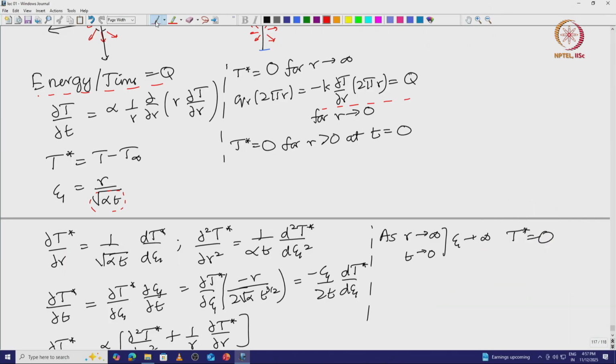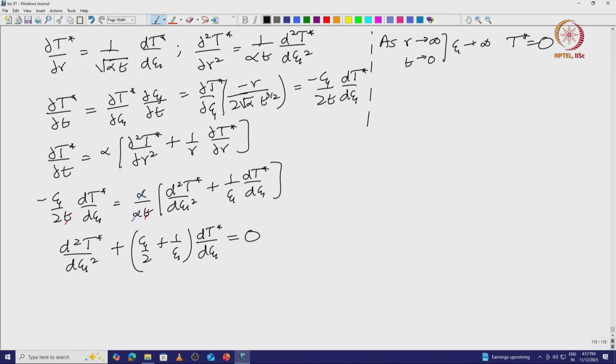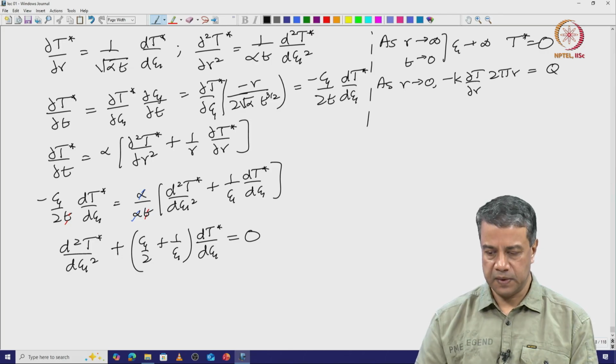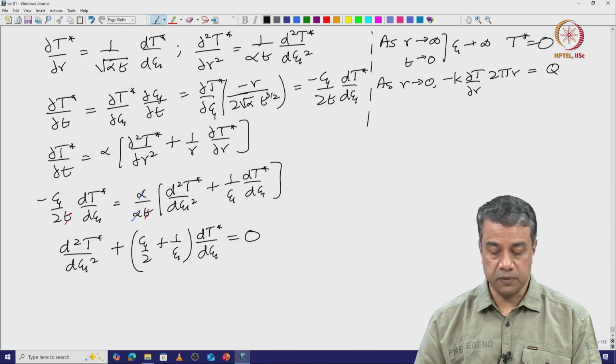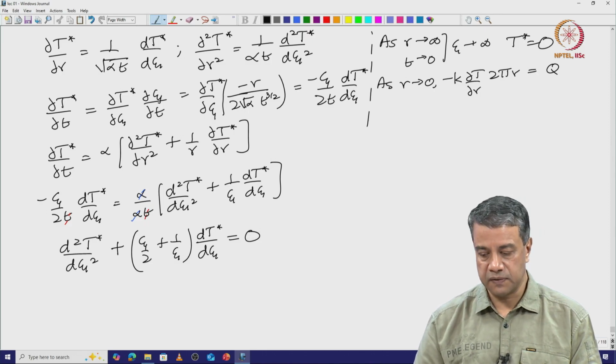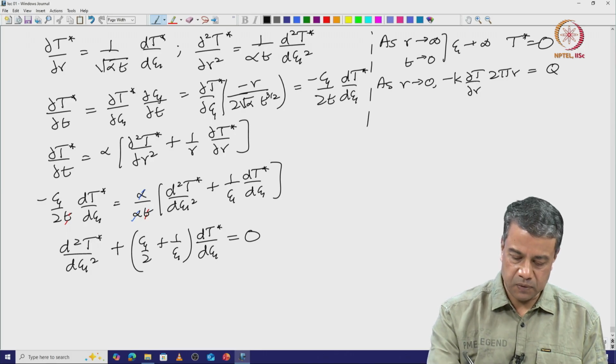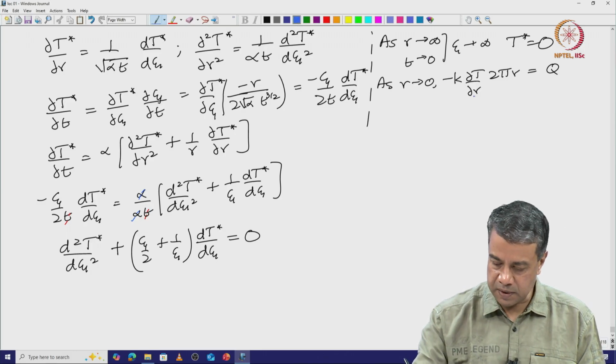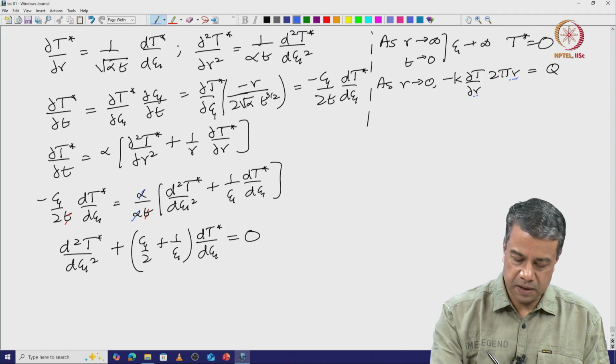The second condition is what we had over here. As r goes to 0, minus k into partial T by partial r into 2 pi r is equal to q. Substituting psi is equal to r by root alpha t, you can see that the factor of root alpha t in the denominator and numerator will cancel out when I express r in terms of psi.